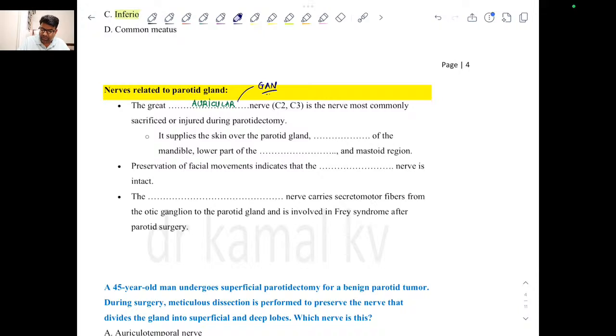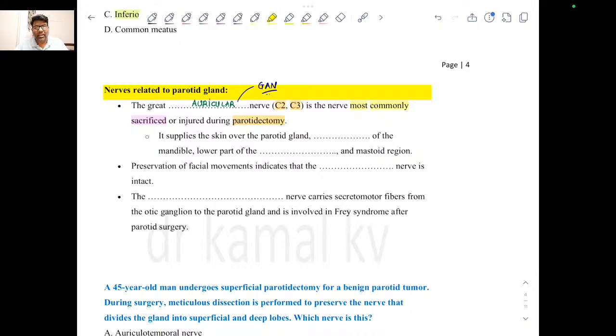The great auricular nerve comes from C2, C3, and this is one nerve which is sacrificed during removal of the parotid gland, that is parotidectomy. So the great auricular nerve is the most commonly sacrificed or injured nerve during removal of parotid gland.